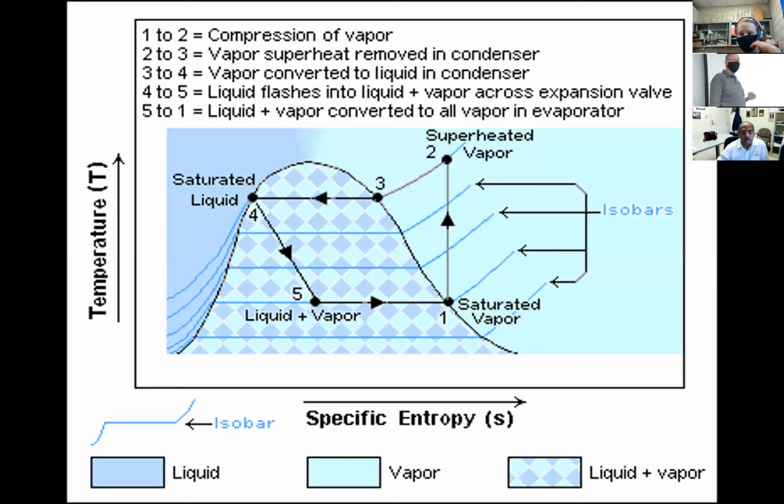Now we're back to a saturated liquid. So we picked up the heat down here at the bottom in the form of the vapor, and we'll talk about what we do with that heat later in the different types of condensers. But basically, we've transported the heat from inside our room to some external location.